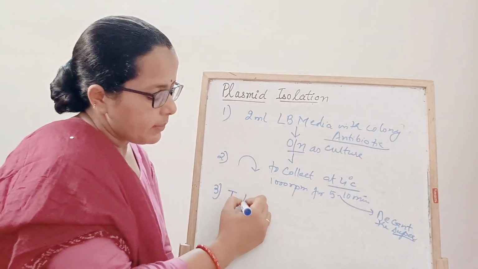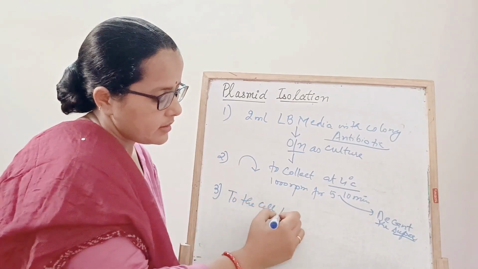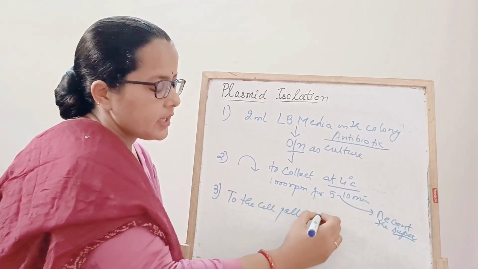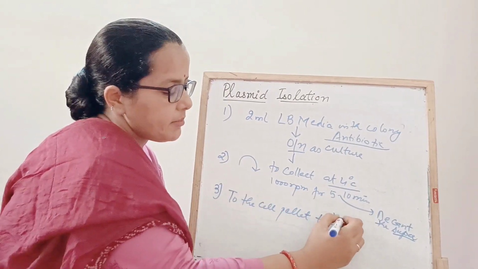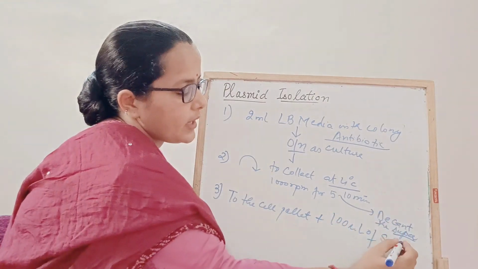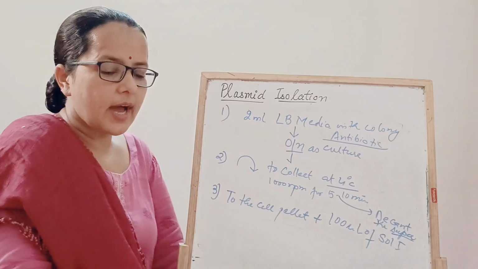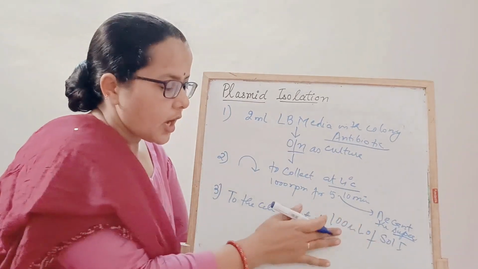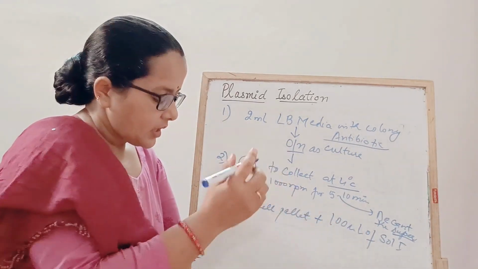To the cell pellet, add 100 microliter of solution 1. You have to add solution 1, 100 microliter.